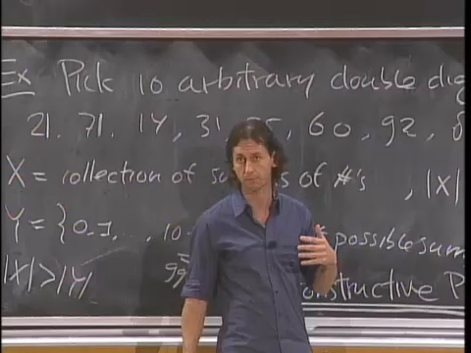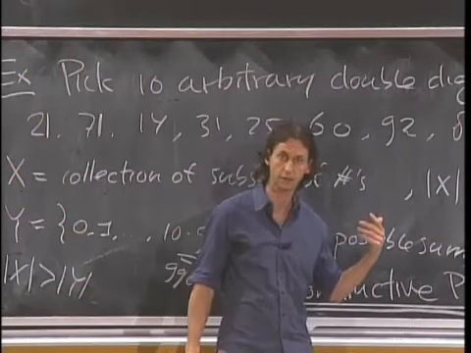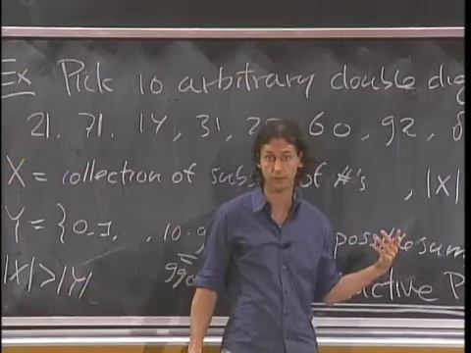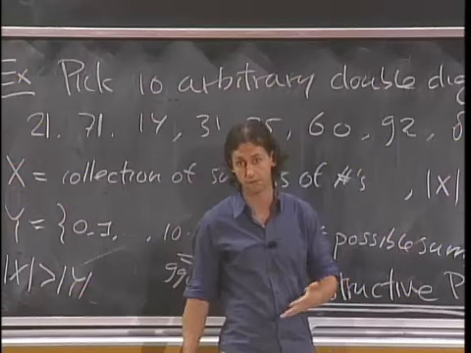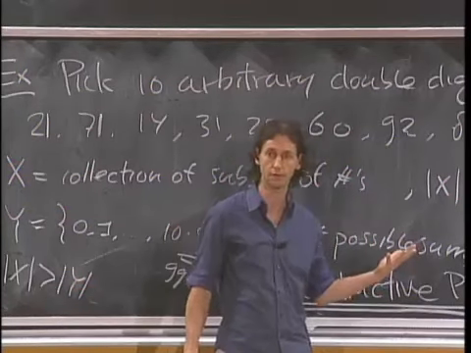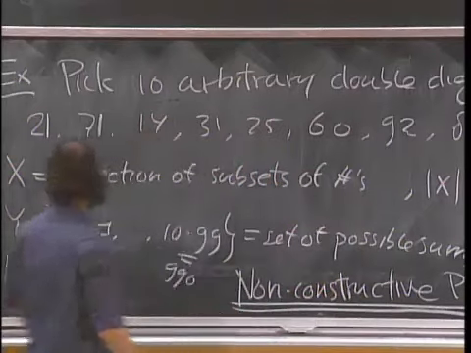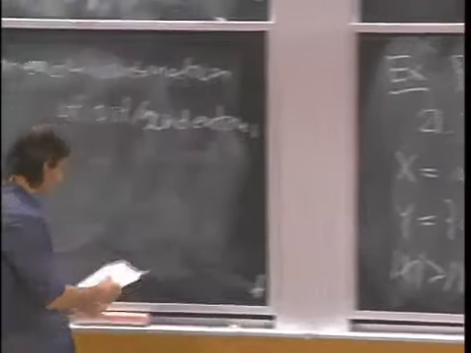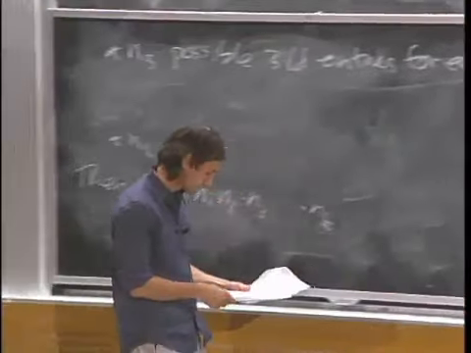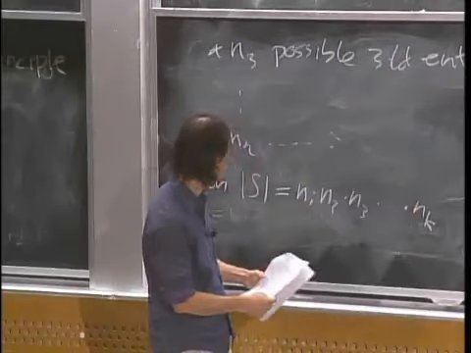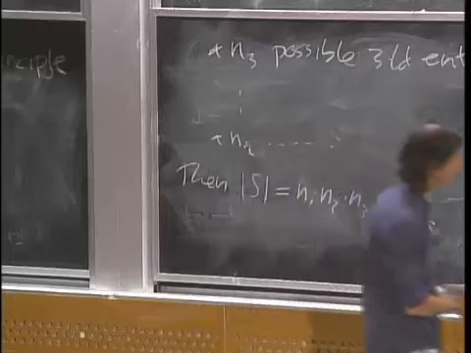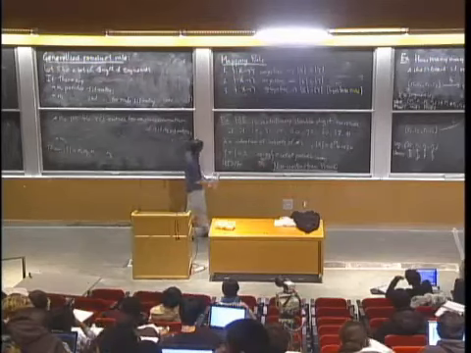Then the next one has n-2 choices left because I've already selected 2 of them. Then I have n-3 choices because I've already selected 3, and so on. And I get n factorial. So that's the same kind of principle that we have here. So let me give an example where we can see how this works.